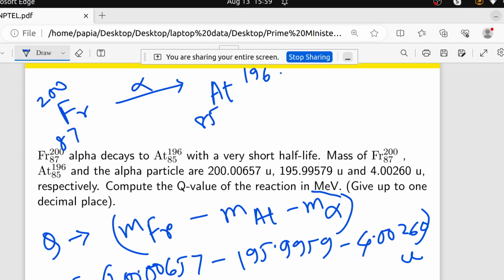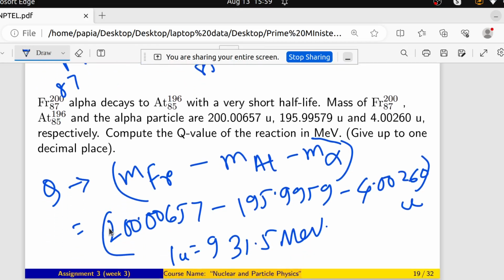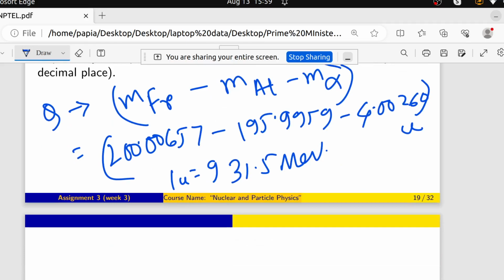So 1 U is 931.5 MeV. Then obviously we will do the calculation: 200.00657 minus 195.9959 minus 4.0026, and as a whole it will be multiplied by 931.5 and the result will be in MeV.